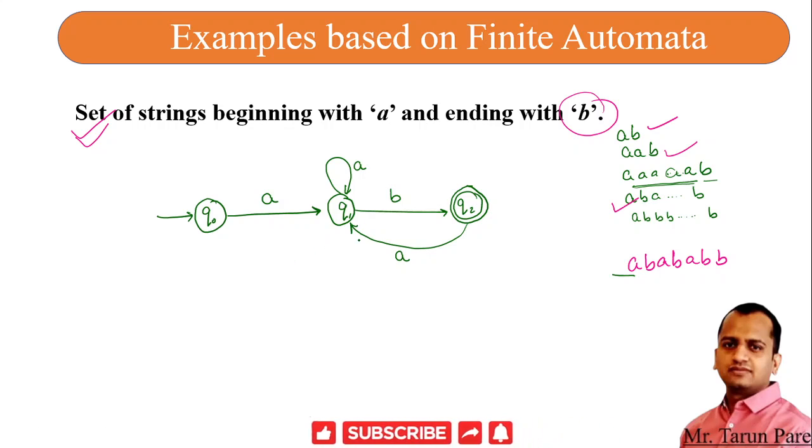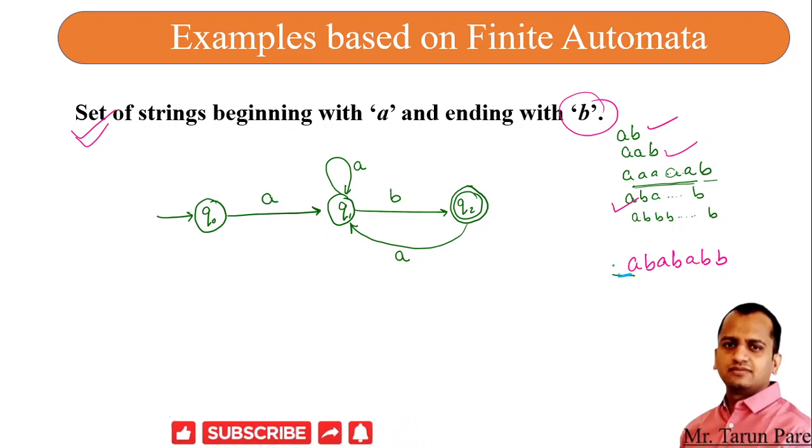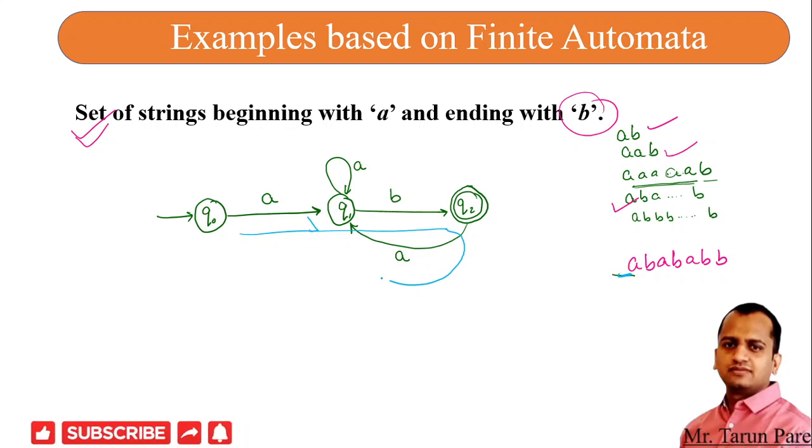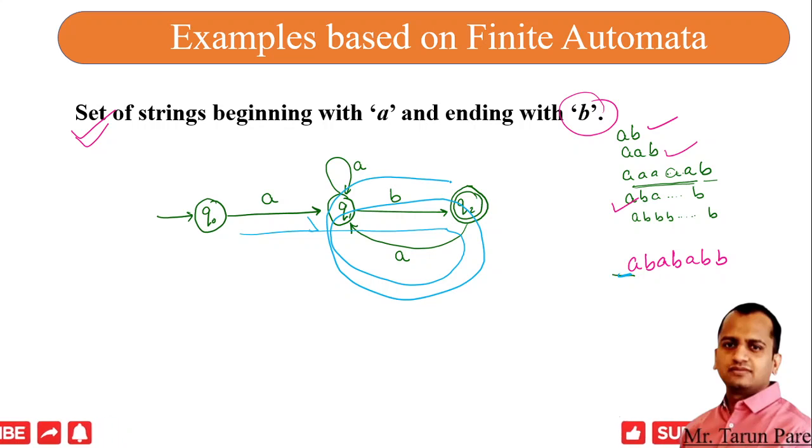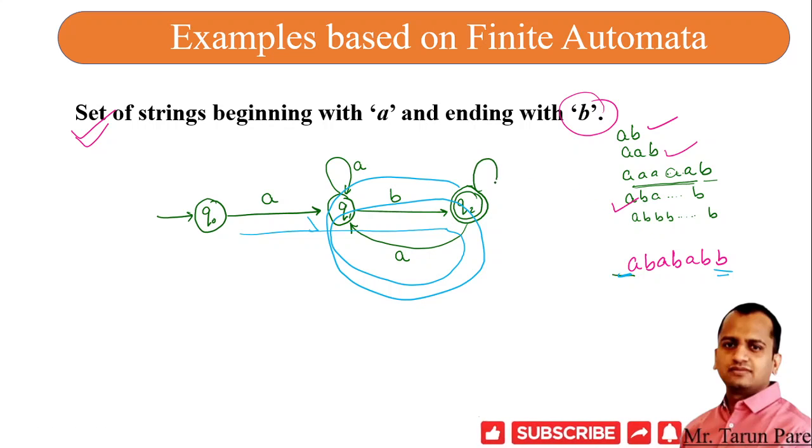Let's check whether the string is accepted now. When we pass a, it is accepting, then b, accepting, then again a, then b, accepting, then a, accepting, then b, accepting. Then what about the last b? For the last b, I have made one more loop on b because it shows that the string is ending with b.